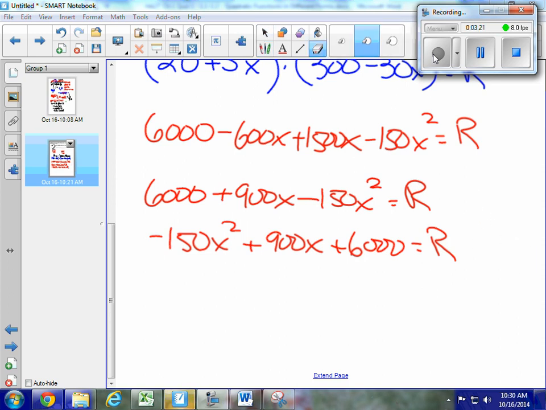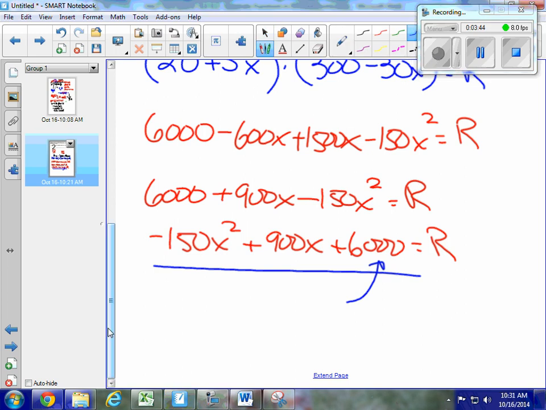And that's what I'm looking to do here, maximize my revenue. Now remember that x represents the number of times that I change my ticket price. And looking at this equation in standard form, I can see that my y-intercept is going to be 6,000.